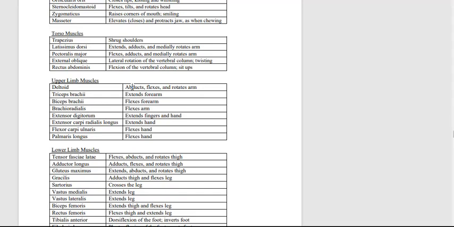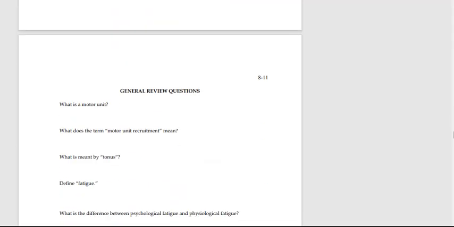And of course you can flex your arm, which causes your biceps to contract also. So usually you have more than one muscle working at a time. So make sure you look at all of these and know which muscle does what. So here's a list of them right there. And then you had some questions you were supposed to answer.